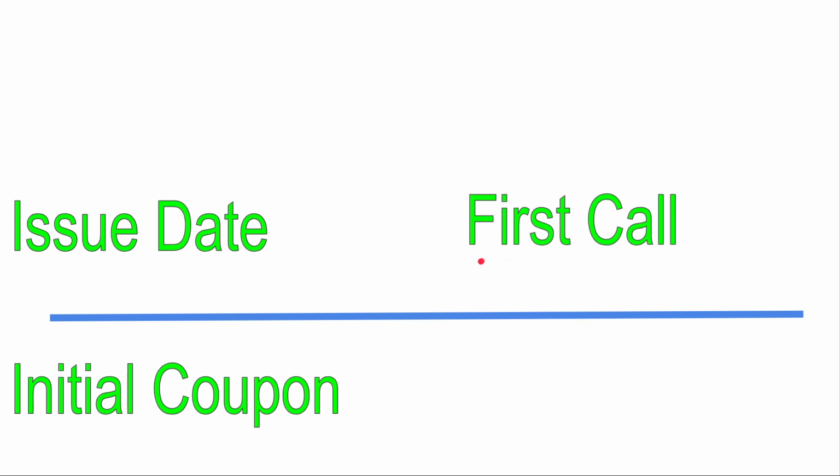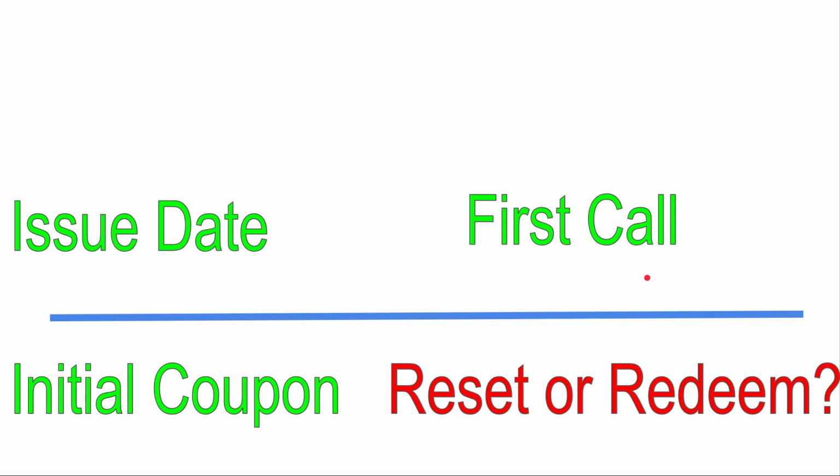But typically you have a first call date, typically 5 years away from the issue date, and the issuer will have the choice of whether to reset the coupon, or if he does not want to reset the coupon and let the perp live, then the issuer will have to redeem the perp and repay the perp holders the capital at 100% at par.